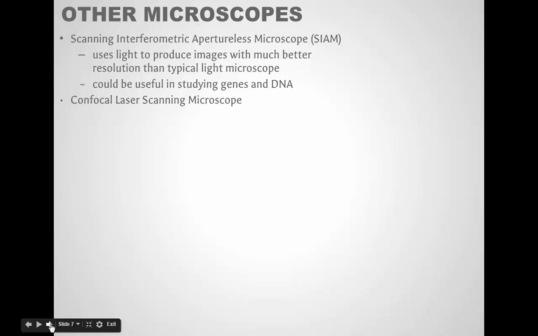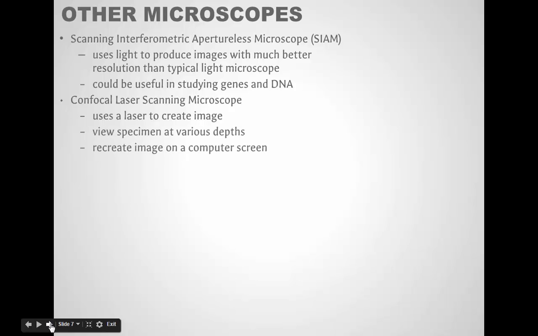There's also a confocal laser scanning microscope, which uses visible light but laser energy to create the image. Again, it can be used to view a specimen at different depths, and that image is created on a computer screen to give much more detail.